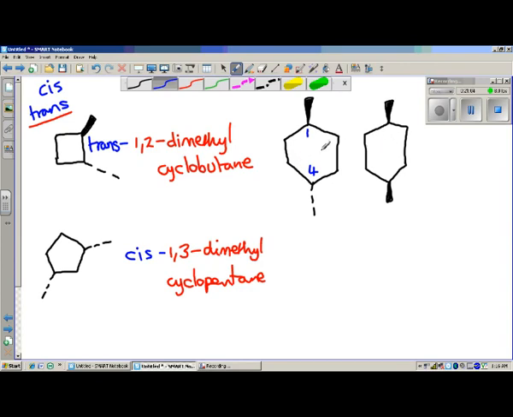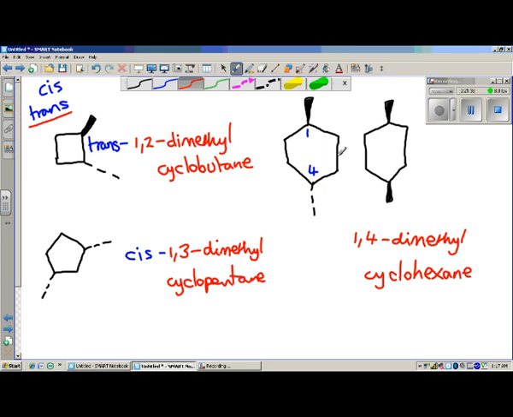Can you see that if I name these two molecules without taking into account any stereochemistry, we would have the same name each time? Because we would have 1,4-dimethyl cyclohexane. Now obviously I can't have two different structures having the same name.